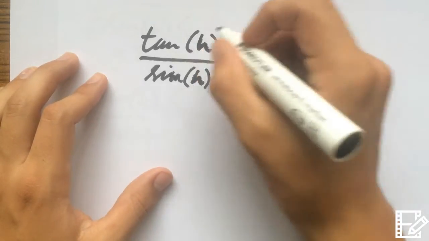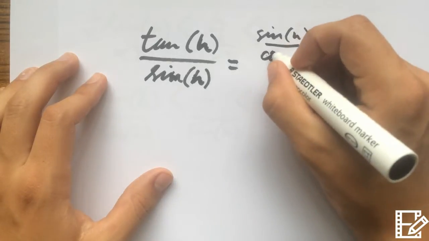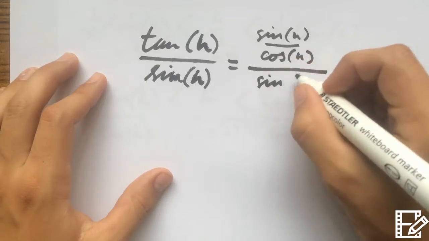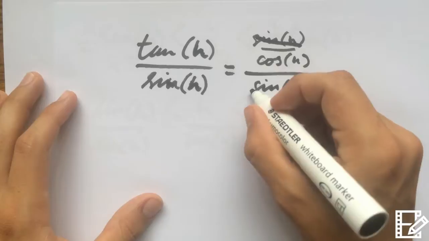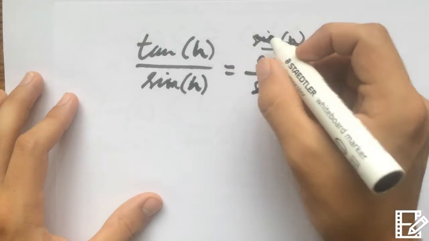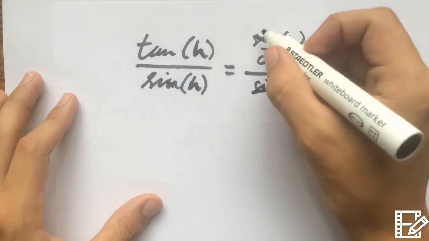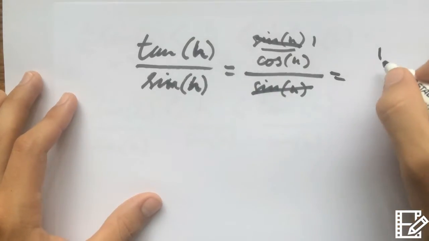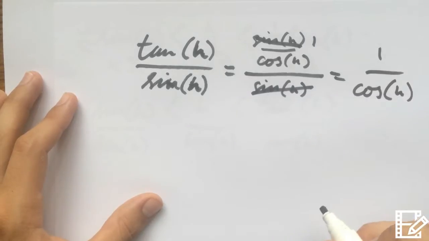First, we know tan h is equal to sine over cosine, and then when we divide that by sine, we can get rid of both of the sines. Because we have a sine divided by a cosine divided again by sine, we're left with 1 over cosine of h. And that's what we'll write.